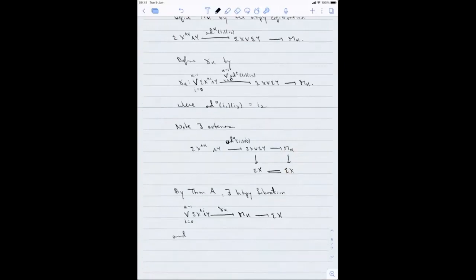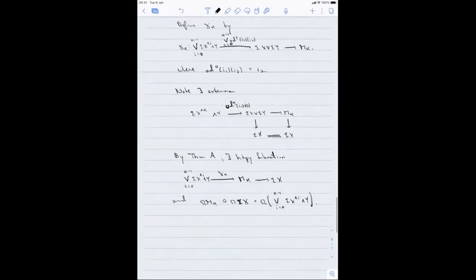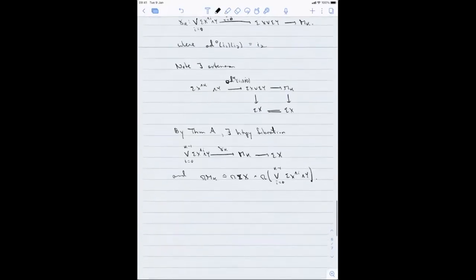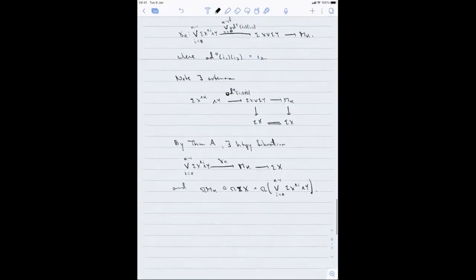And that splits. So the loops on mk is the loops on suspension x cross the loops on this wedge. So you have this decomposition of a certain two cone.